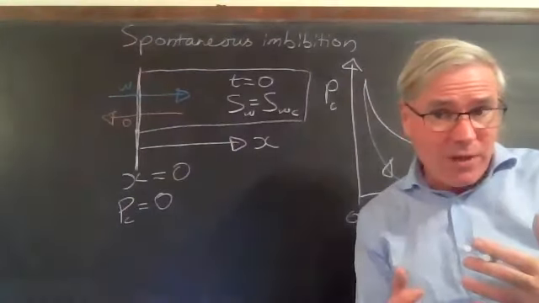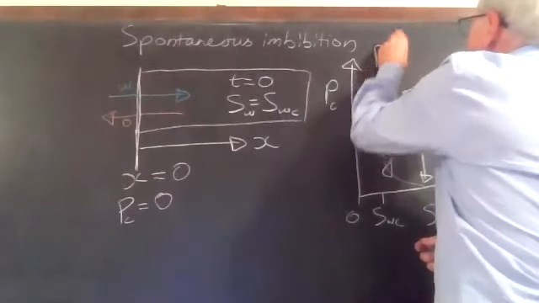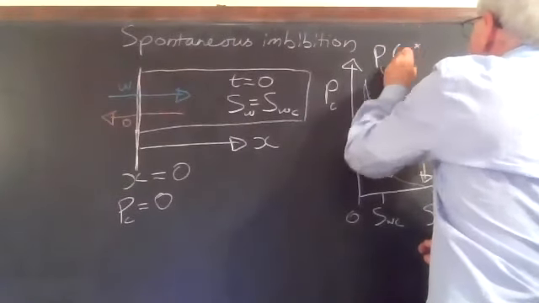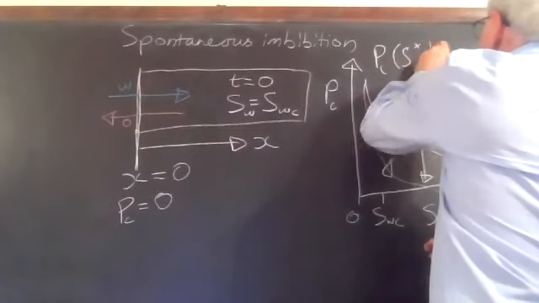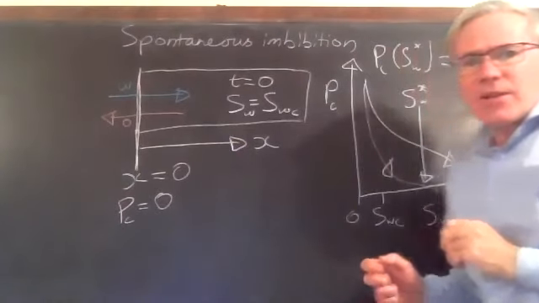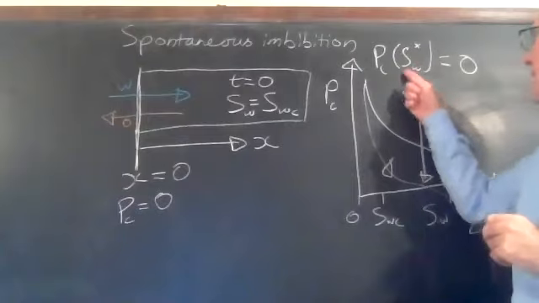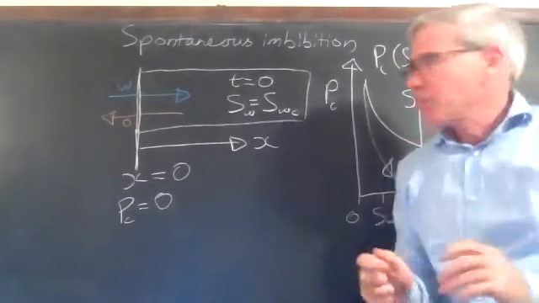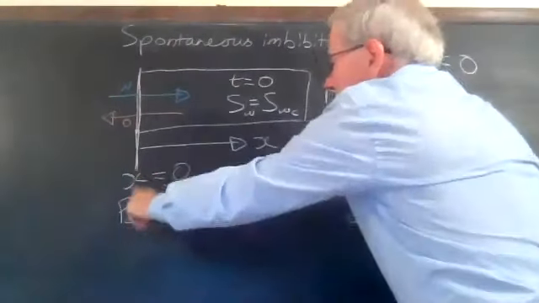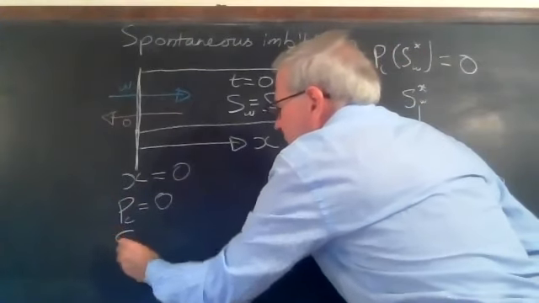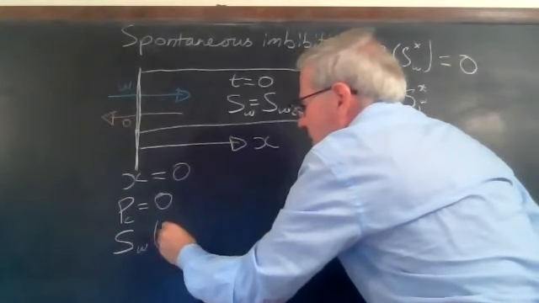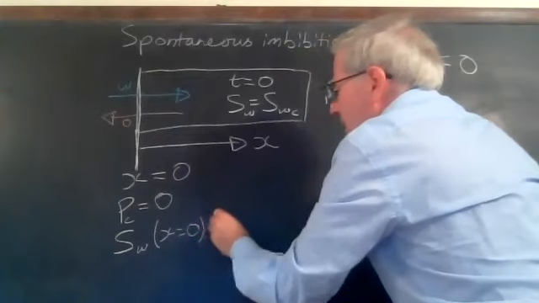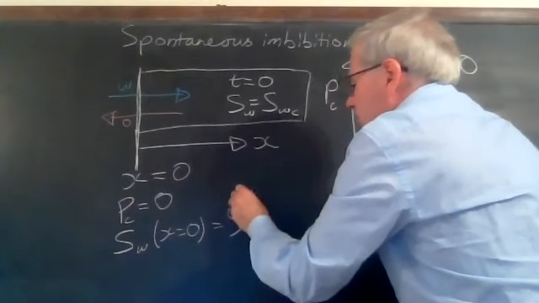Okay, so let's define this saturation S star, and that's defined such that PC of S star, we can put a W here if we like, is 0. So the capillary pressure at S star is 0. So this is the boundary condition: SW at x equals 0 is SW star.